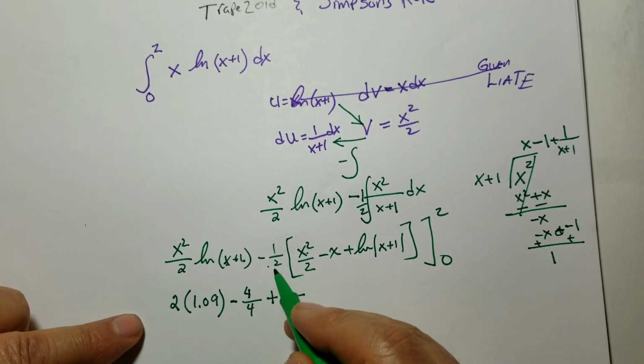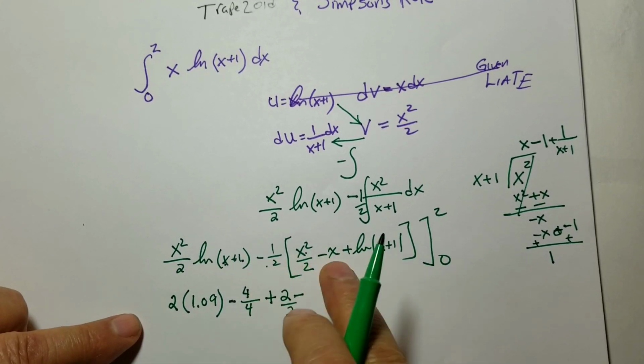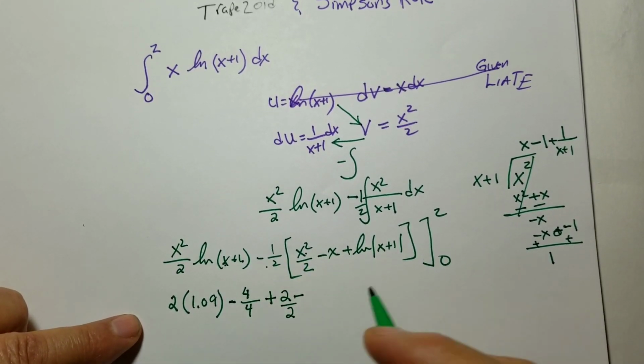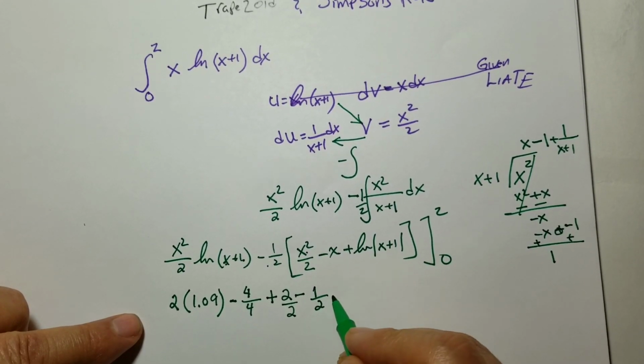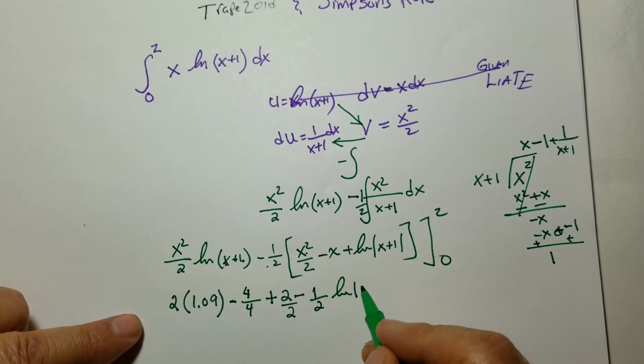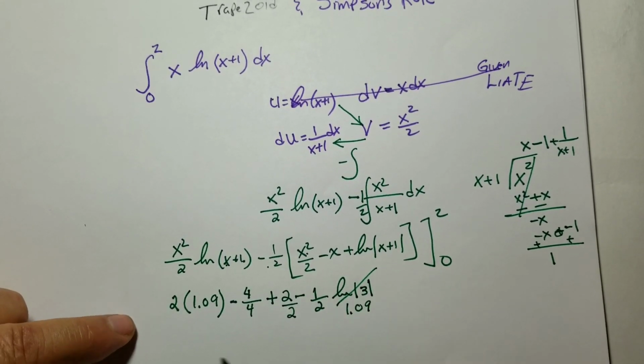Yes, when x is 2, 2 over 2 is 1. No, I didn't, because that's x over 2 and 2 over 2. And this one is negative 1/2 natural log of 2 plus 1, which is 3, and natural log of 3 is 1.09.